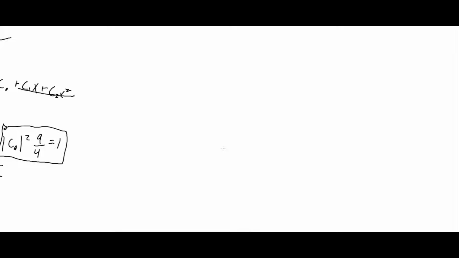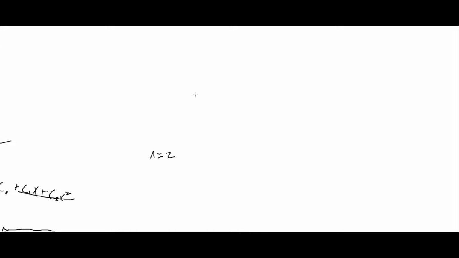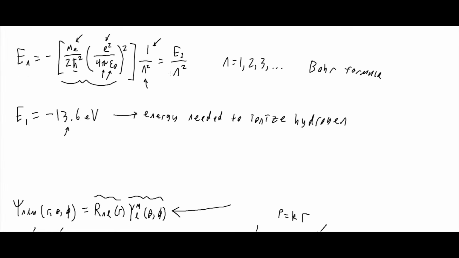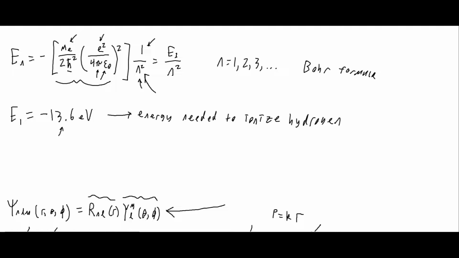And so if we want to go to n equals 2, the first thing we will find is that if we go back to here and put n equals 2 right here, this obviously becomes 4. And so we have minus 13.6 divided by 4.